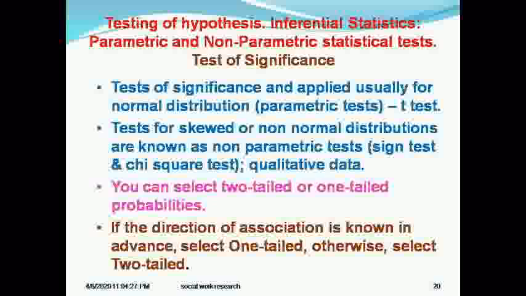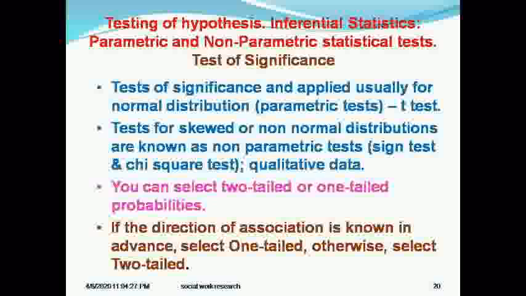These non-parametric tests are used mainly for qualitative research, or where at least one of the variables is qualitative. For example, caste status, educational status, social status, these are all qualitative parameters. On the other side, it can be a quantitative variable, meaning income, expenditure, etc. So we must know what kind of variable we are dealing with before deciding upon the type of test to be used.